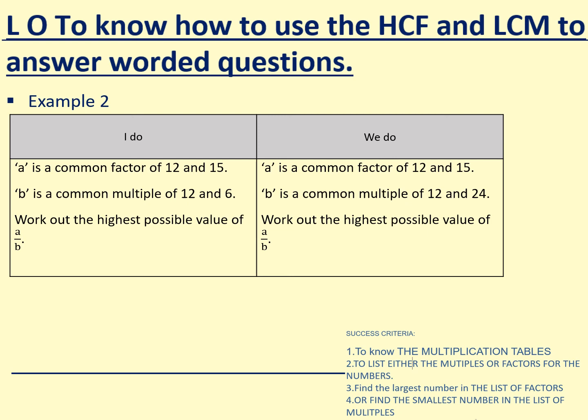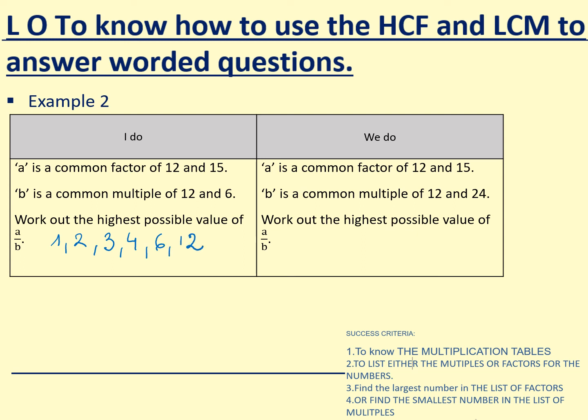A is a common factor of 12 and 15. B is a common multiple of 6 and 12. Work out the highest possible value of A over B. Okay, so first we need to find the common factors of 12 and 15. So factors of 12: 1, 2, 3, 4, 6, and 12.